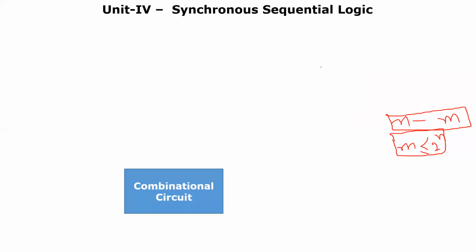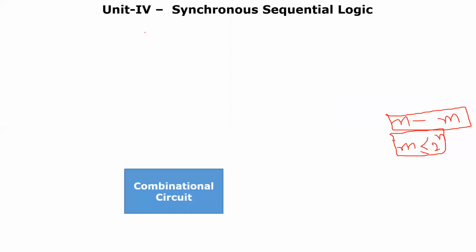If the pattern of present input values is something else, let me say 000, it will give you a specified output. For 001, it will give you some other output, as in a decoder, encoder, multiplexer, or demultiplexer that we have discussed. So based on the present state of inputs, outputs are going to be defined.